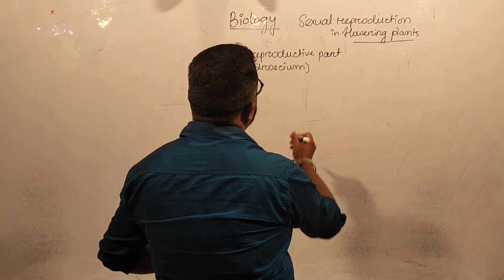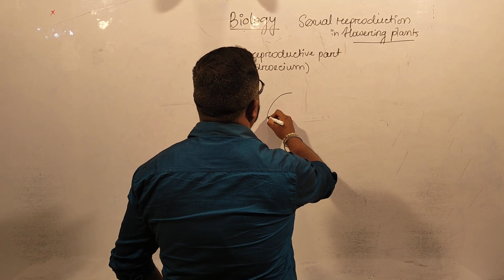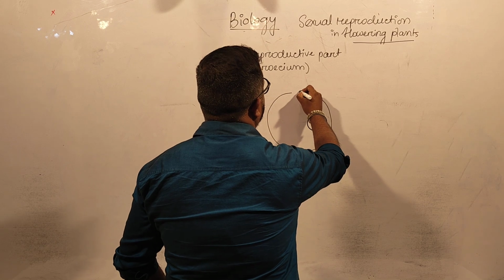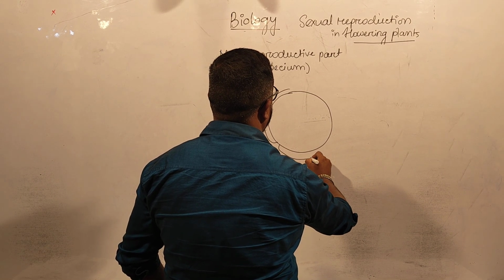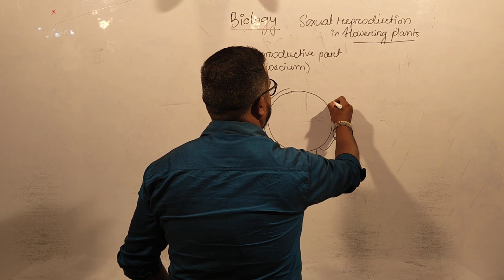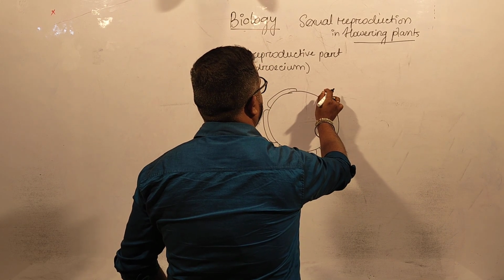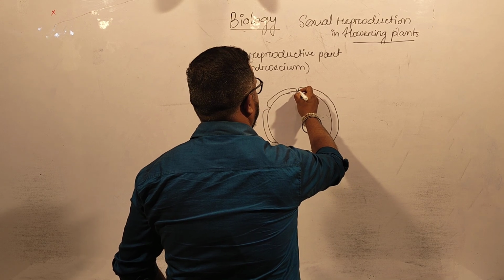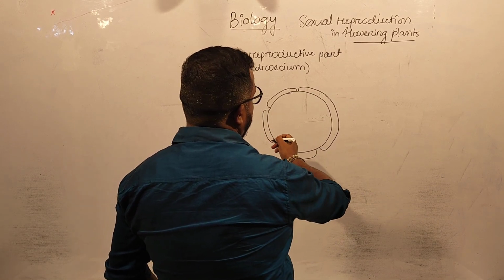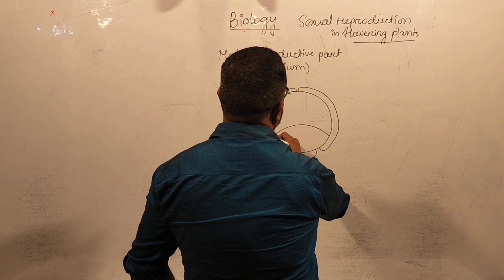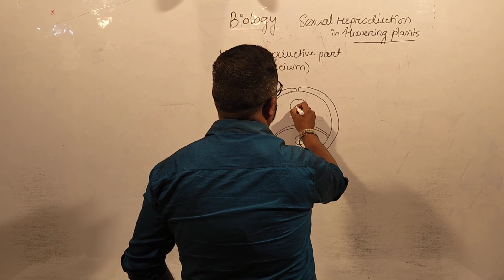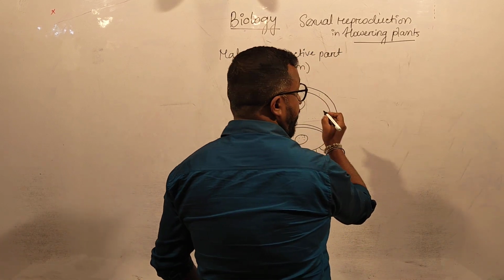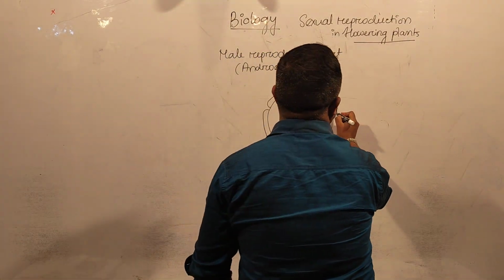If we go to the structure of the pollen grain, how does a pollen grain look? When mature, a pollen grain looks somewhat like this. And what are these parts? A pollen grain basically has two layers.